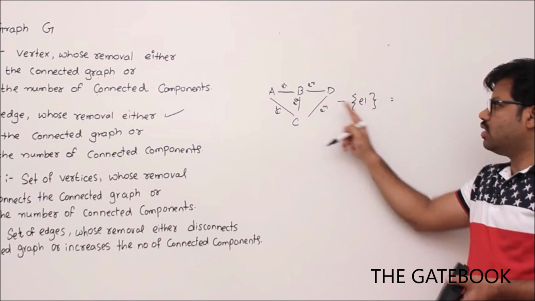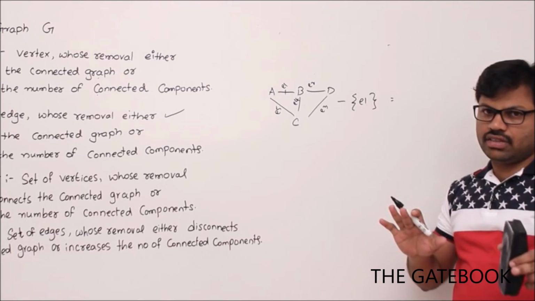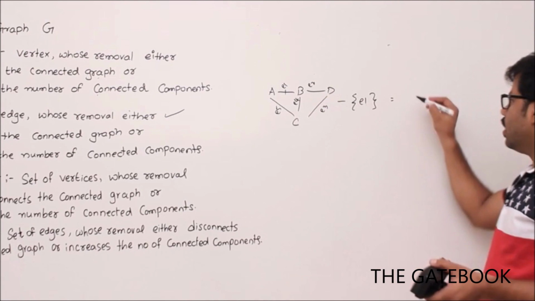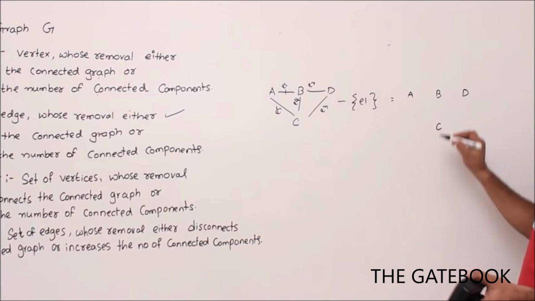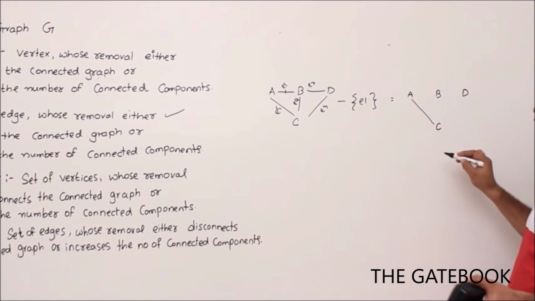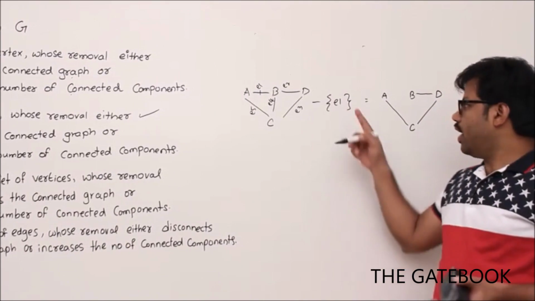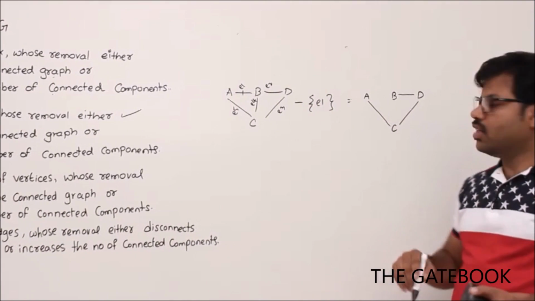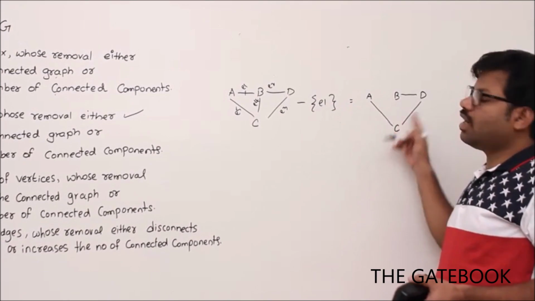When we remove an edge, we simply discard that edge, but we don't remove any vertex corresponding to E1. Here we have A, B, D, C, right? We are just losing this relationship between A and B, that's it. Now everything else is the same: AC, CD, BD. This is called removal of an edge from a graph. When you remove an edge from a graph, the resultant thing is also a graph.